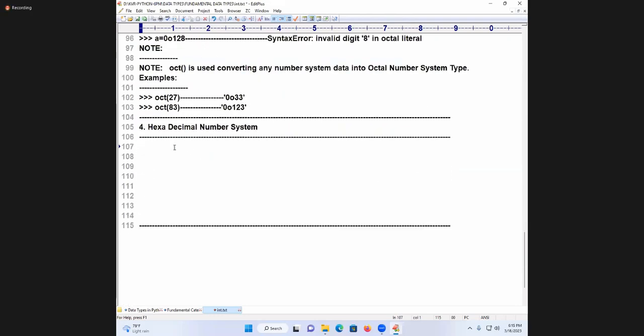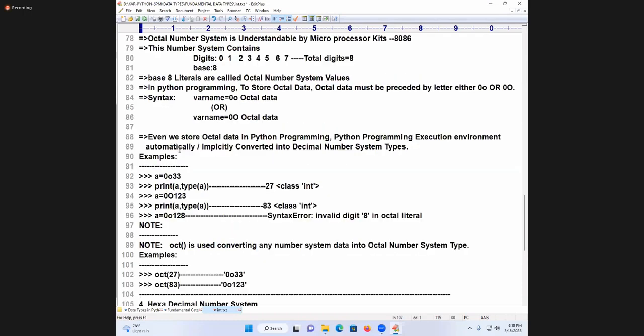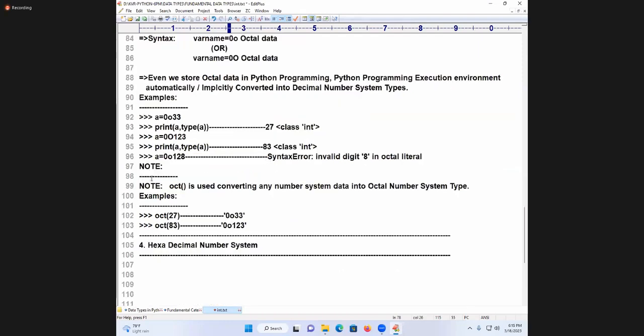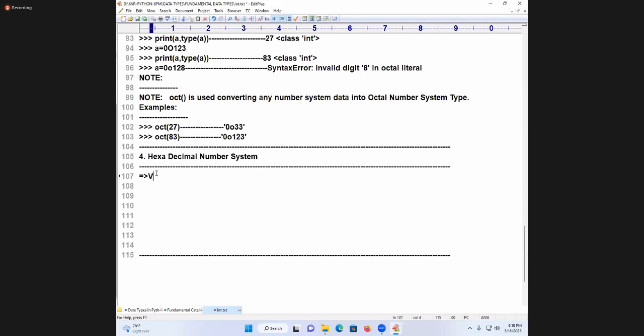I'll be starting with this number system used in, or I can write like this: hexadecimal number system used in development of operating systems, development of OSs. You take any Windows OS, Unix OS, any OSs, for the development of OSs they are taking which number system?